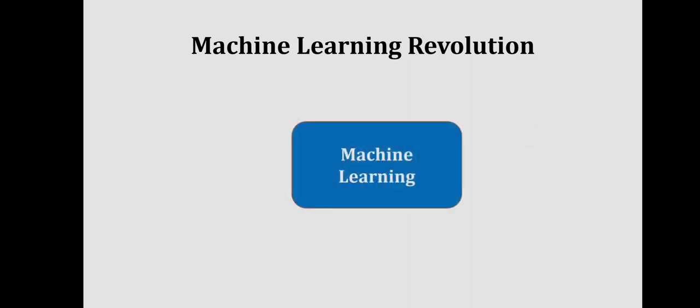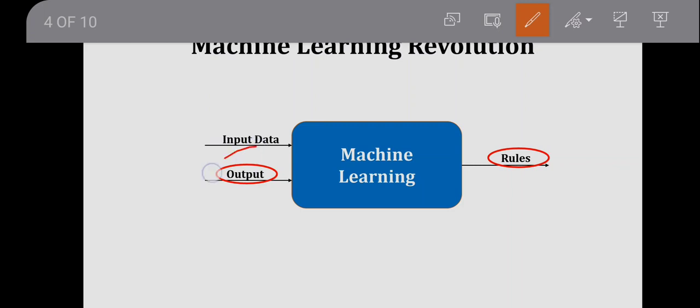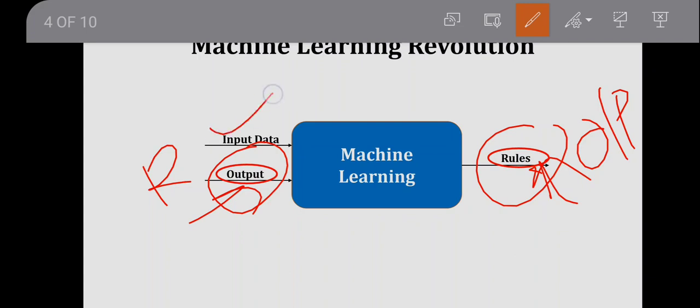Now, in the machine learning revolution, the elements input, output, rules remain the same, but the position changes. Here you see output is here, rules are here. Earlier here you had rules, here you had output. Whereas in machine learning, you give the input and the output, but you generate the rules.